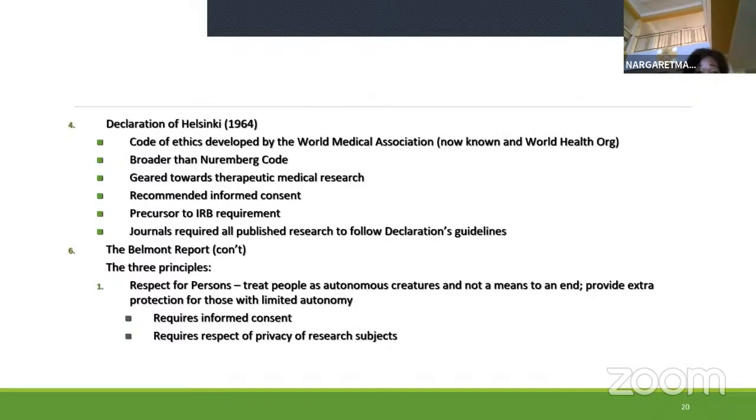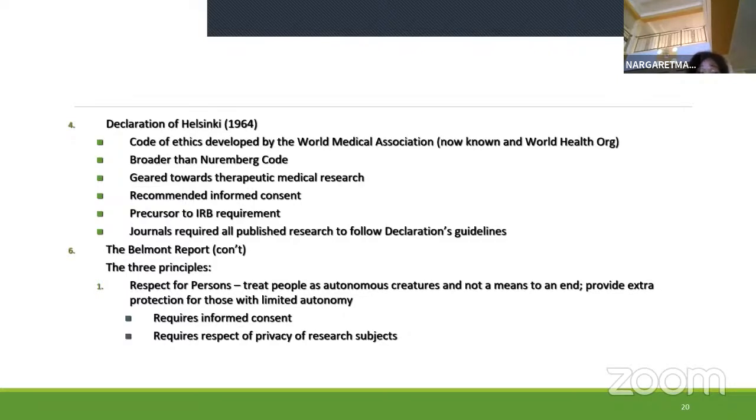So there have been so many codes that have emerged based on past ugly incidents. There's the Declaration of Helsinki, developed by the World Medical Association, now referred to as the World Health Organization. It's broader than the Nuremberg Code, and is geared towards therapeutic medical research.